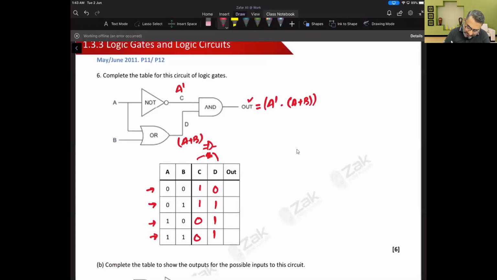So if there is a single 0, the answer would be 0. Both ones, then the answer would be 1. And then we have got 1, 0 and another 0. So this is your truth table for the first question.